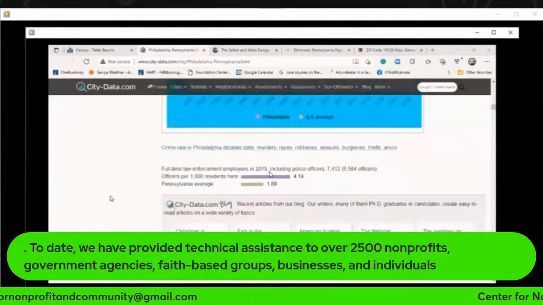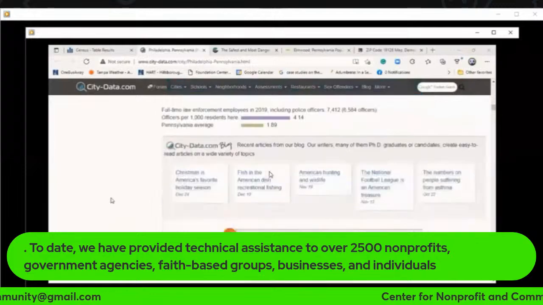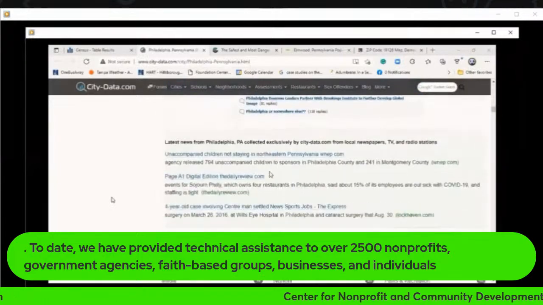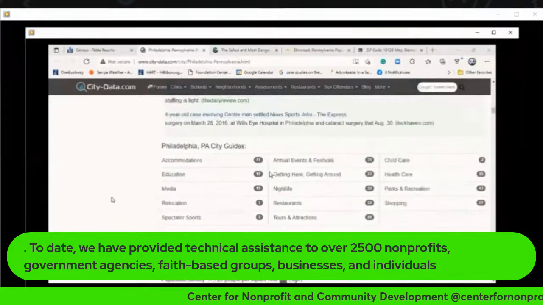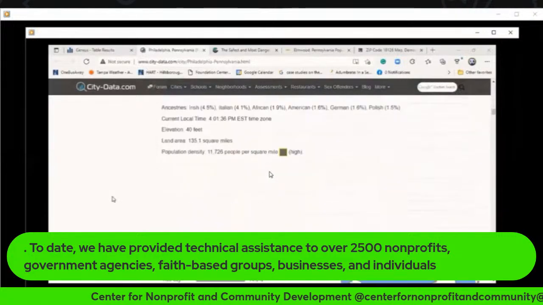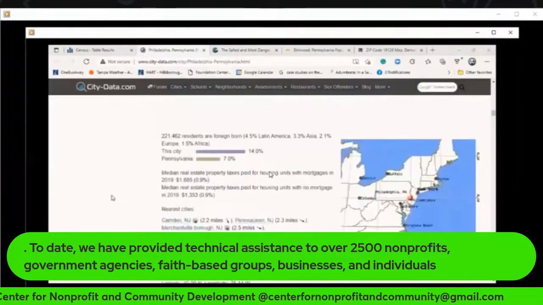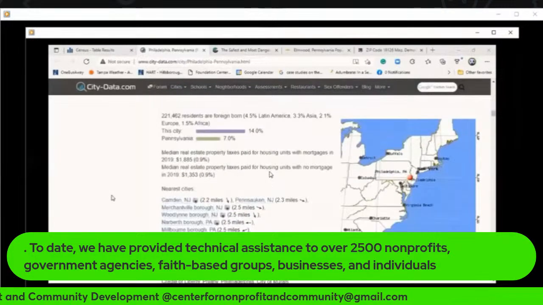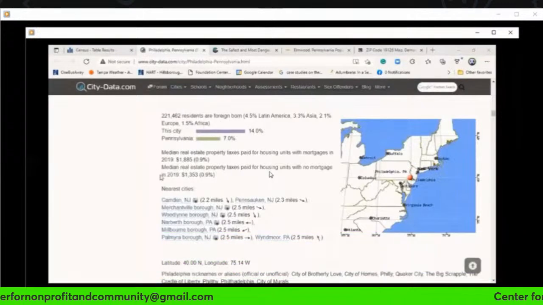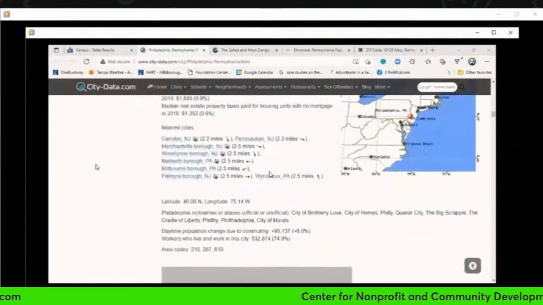Other information includes full-time law enforcement. I'm going to move quickly because there are some other sites we want to get to. Other information you can get, as you can see, the number of people that are foreign born, median real estate taxes.